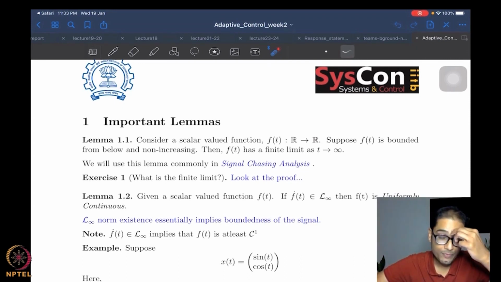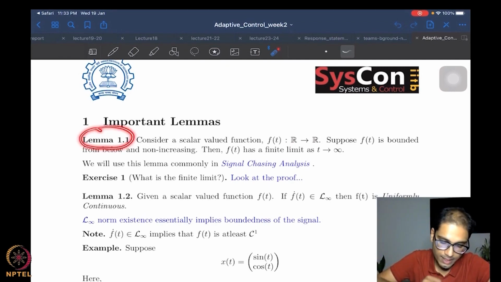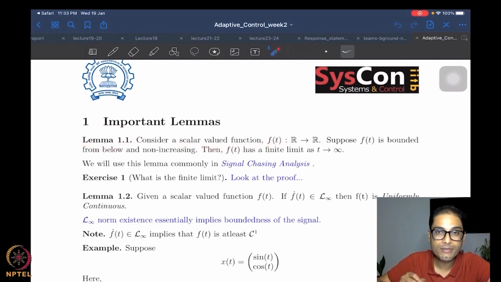The first one is lemma 1.1, which says that if there is a scalar valued function, by which we mean a function which takes a real number and outputs another real number. The only property that we have specified for this function is that it takes in a real number and outputs another real number. Usually, for us, this real number that is input is the time.